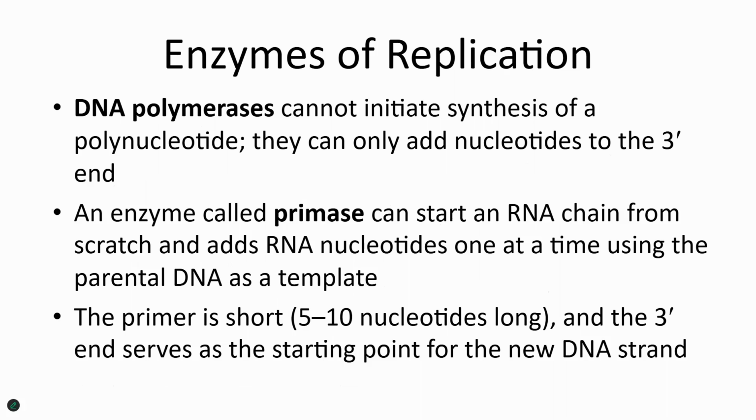That's what the primase does. The primase is going to add a primer on first so that the DNA polymerase can build onto it. But the primase is going to add RNA nucleotides as the primer, so a short section of RNA nucleotides that will serve as a place for the DNA polymerase to start building from.